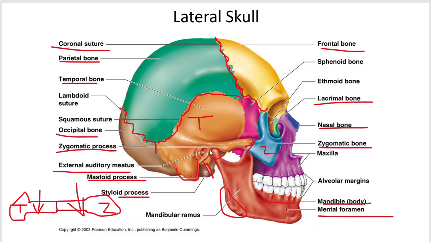This rounded part right here is called the coronoid process. No, I'm sorry. This is the coronoid process. This is the condylar process. Mandibular condyle. The coronoid process. My bad, guys. Sorry about that.